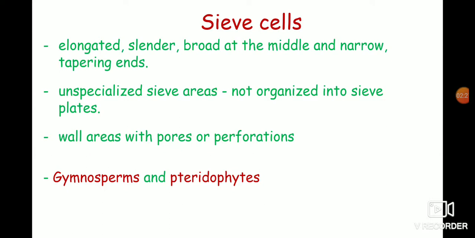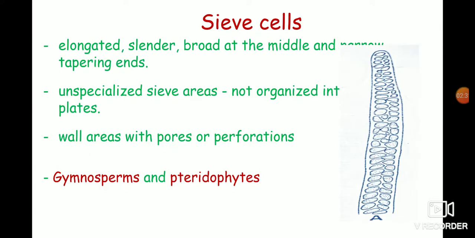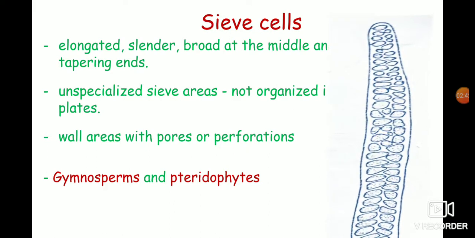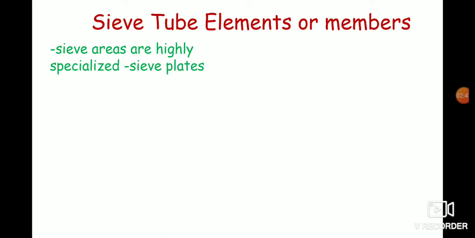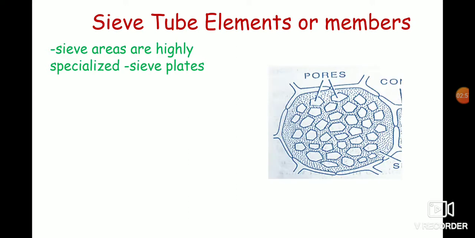So gymnosperms and pteridophytes have only the sieve cells. So this is the sieve cell where the walls are having the unspecialized sieve areas. Sieve tube elements are the elements in which sieve areas are highly specialized and are localized in form of sieve plates.